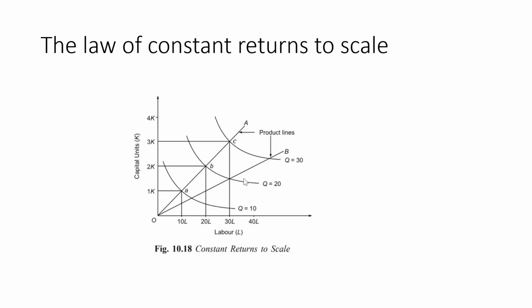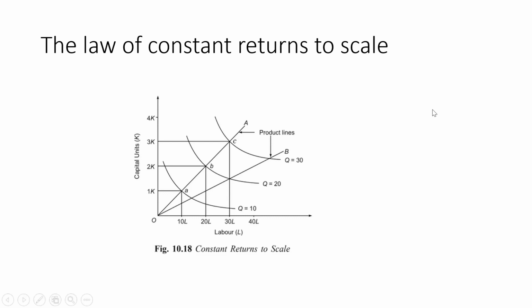The lines OA and OB are the expansion paths, indicating hypothetical techniques of production with optimum capital-labor ratio.